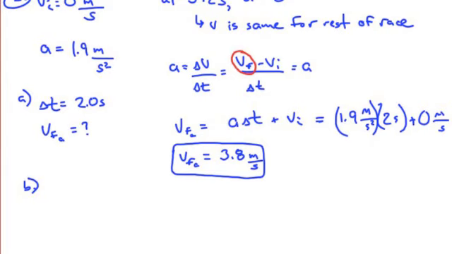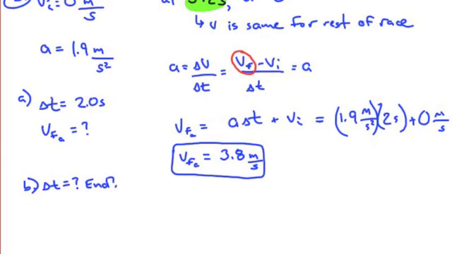For part B, it asks us what's the velocity at the end of the race. So delta t is the end of the race. Well, we don't know that. But what we do know is that whenever the end of the race is, the velocity is going to be the same as it was up here at 5.2 seconds, because we were told that the acceleration at that point becomes 0, and it's merely the velocity that stays the same.